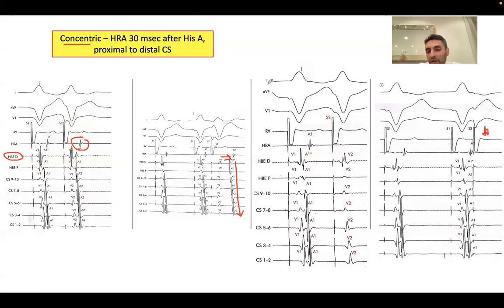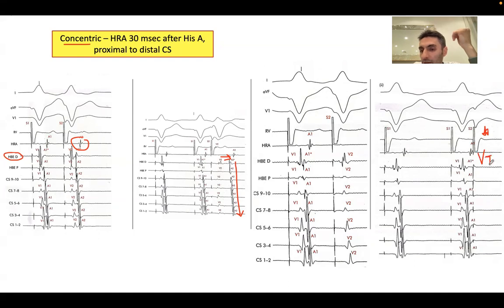This is the same patient in series. This is block. Yeah, ventricular ERP. It did not capture the ventricle. They call this ventricular ERP.